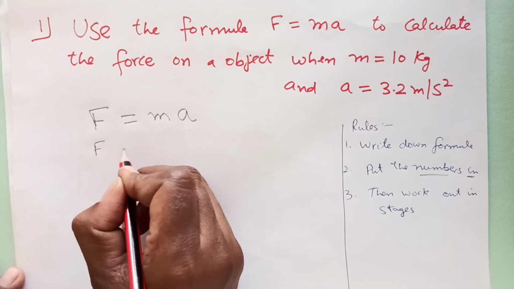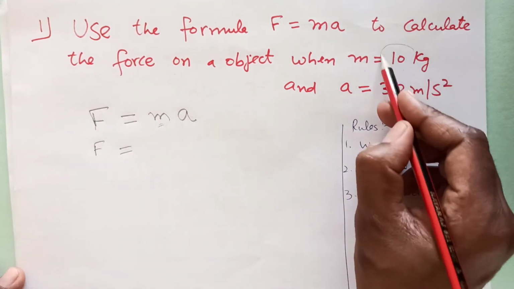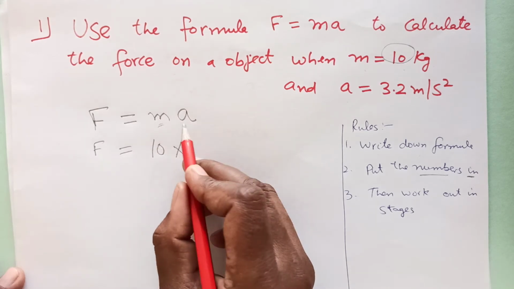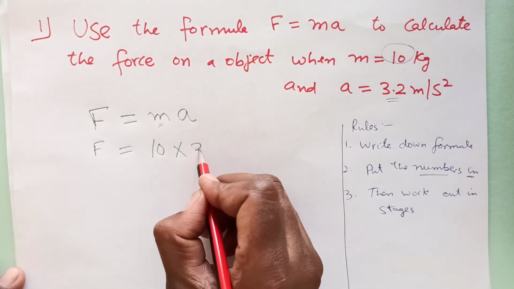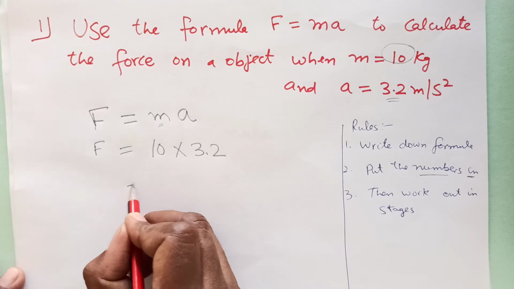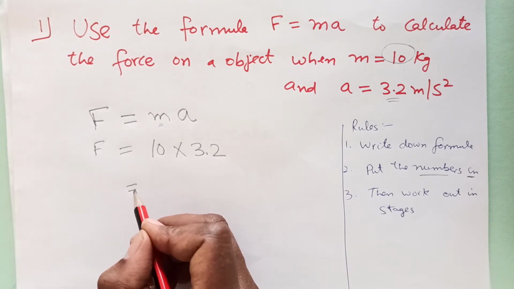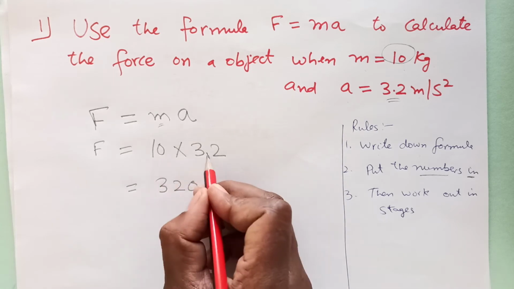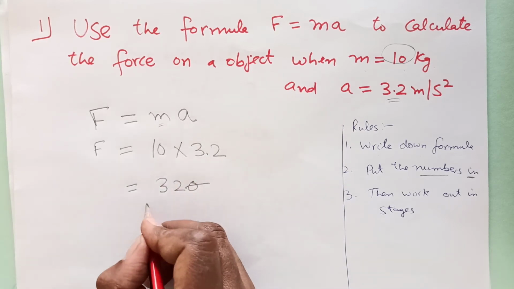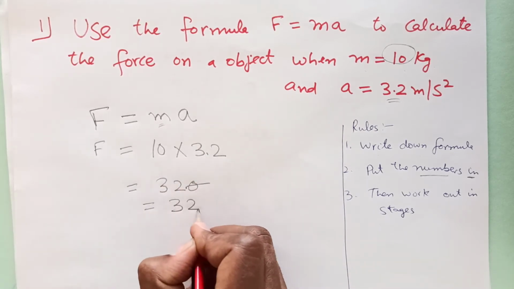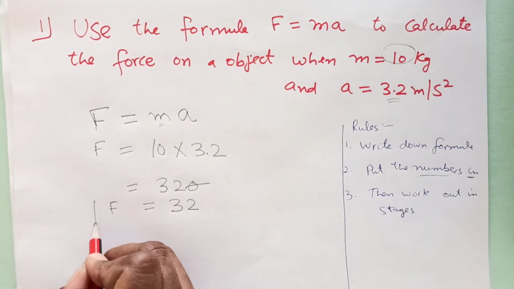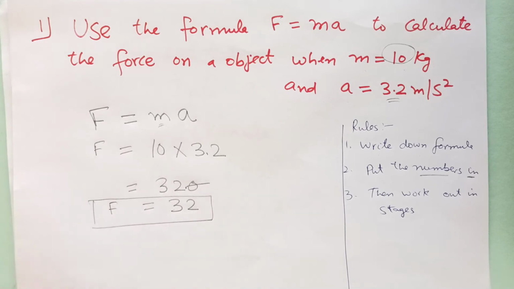So F will be equal to M, and M will be replaced by 10. So this is 10 times A, and A is 3.2. When you simplify this, it will become 320. Then there is one decimal place, so this 0 is gone. So your answer is 32. This is the value of F after the substitution.